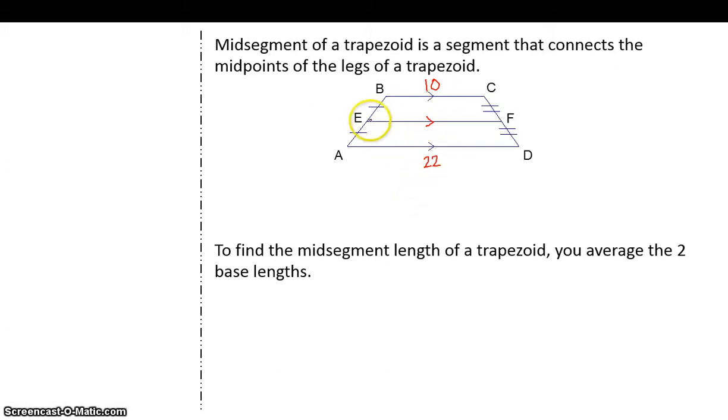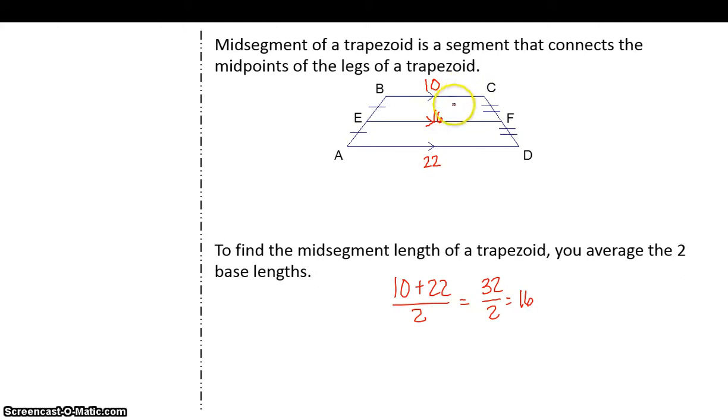If I wanted to find the mid-segment, I would do 10 plus 22 and cut it in half to find the length of that mid-segment. That's what I mean by averaging the two bases. So I add the two bases and cut it in half, and so that's going to be 32 divided by 2, so that means that's 16.